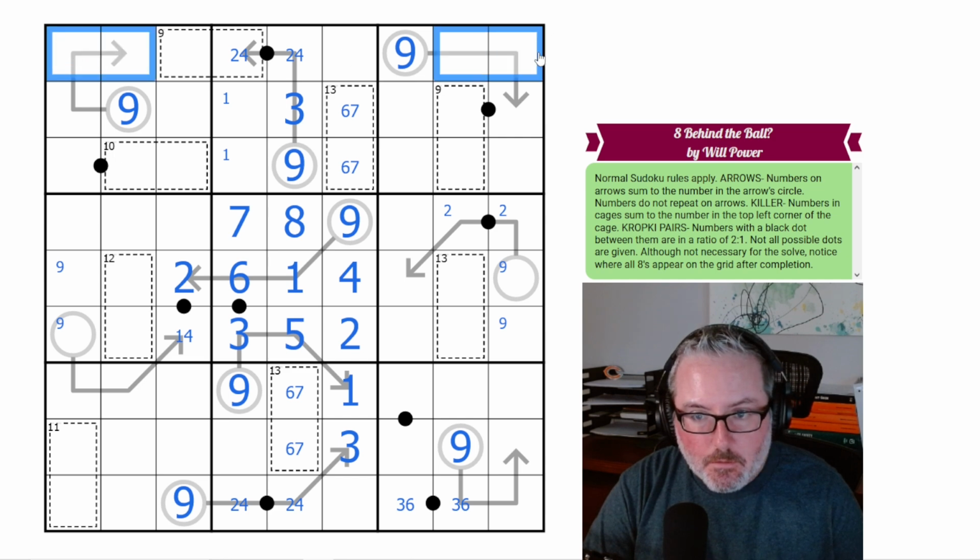We know that there's no 2s or 4s on these lines at all. We know we can't put 7, 8, or 9 on these. So let me just run through some possibilities here. This may or may not help us at all. These have to be from 1, 3, 5, and 6. Are those the only possibilities?